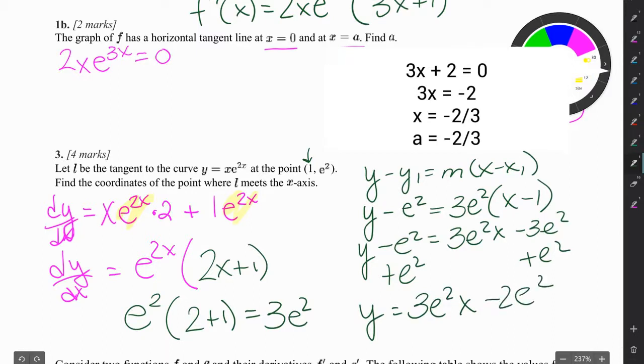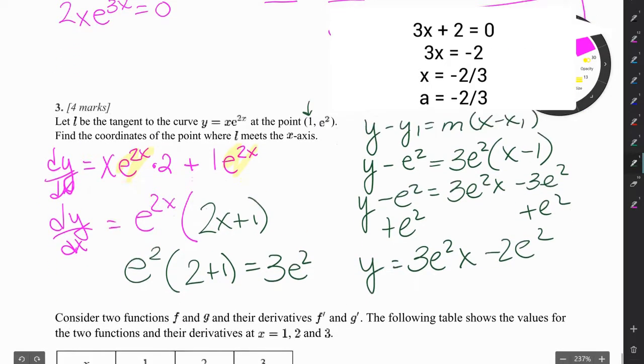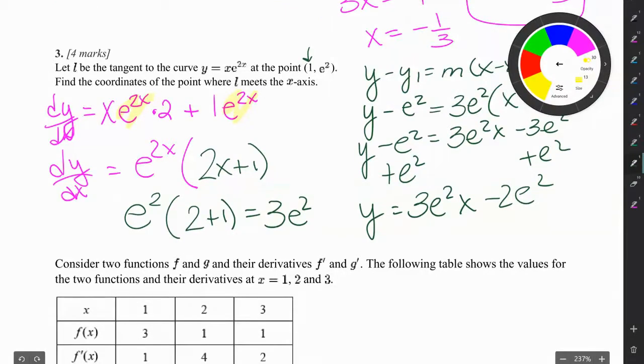2e squared. So now we want to know where that line meets the x-axis. To find out where this meets the x-axis, I'm going to set it equal to 0. Now I'm going to, that should be a 2. Now I'm going to solve for x, so I will add the 2e squared to the other side.